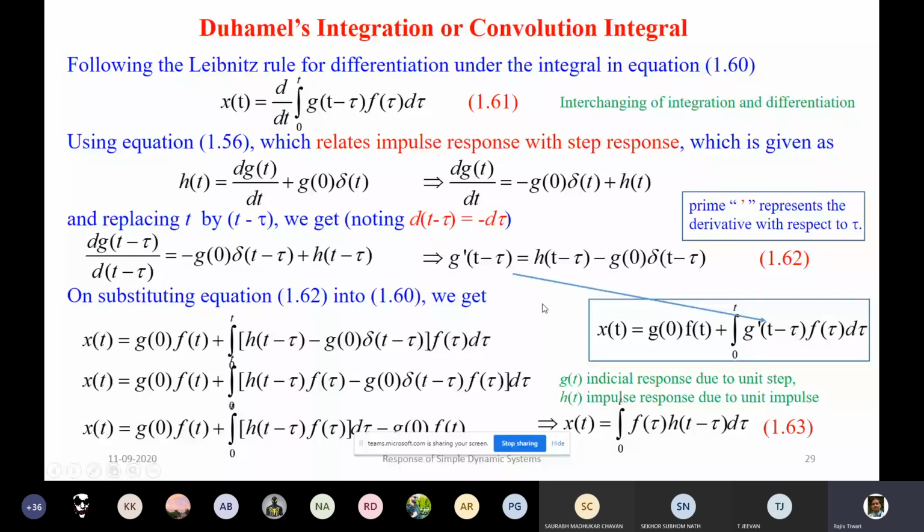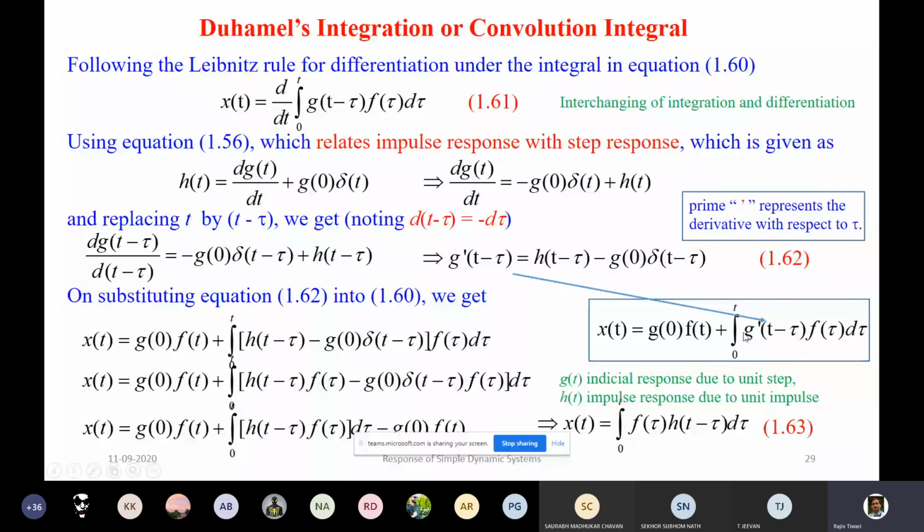Okay, so why are we trying to find this? Because, again, I am repeating what I am trying to do here. I am trying to relate the response due to the step function and the response due to the impulse. So the convolution integral which we obtained in the previous slide is this.